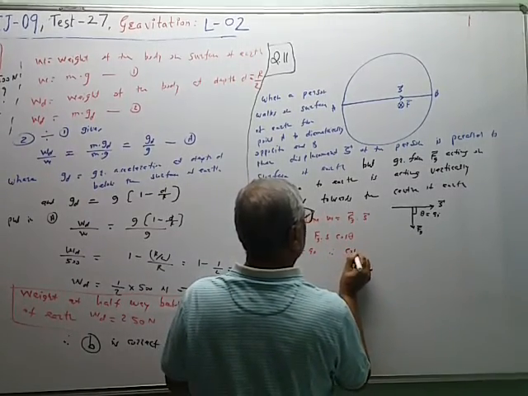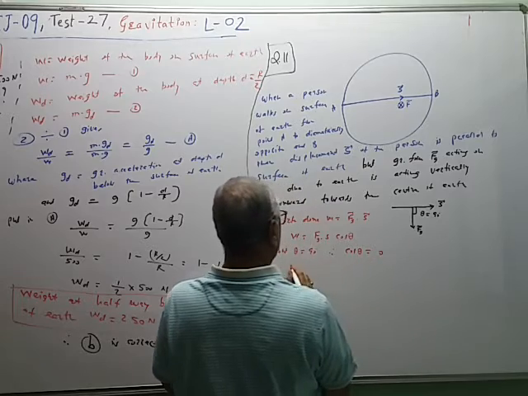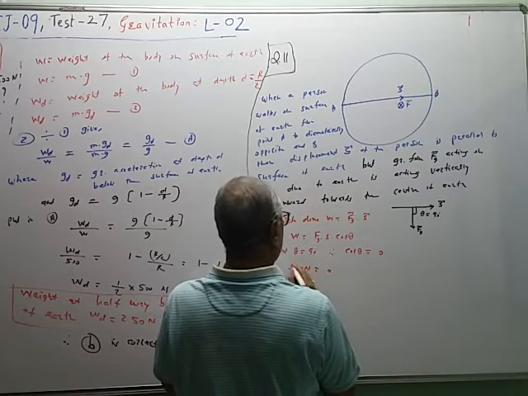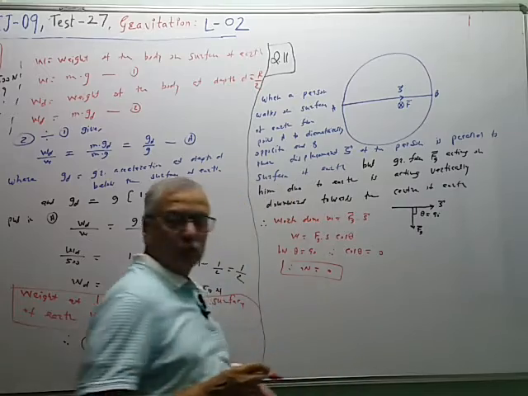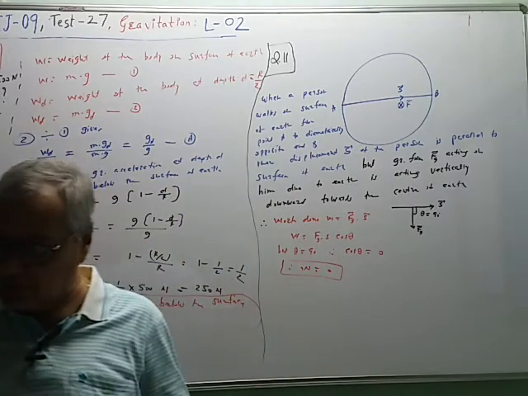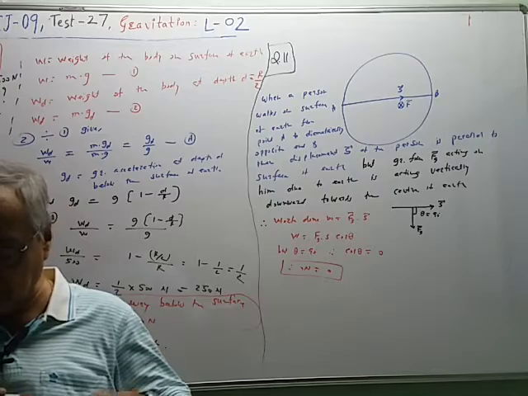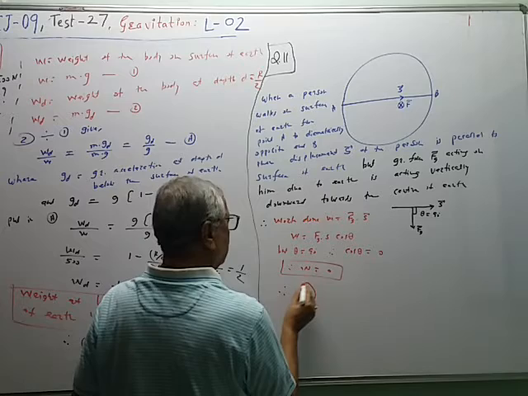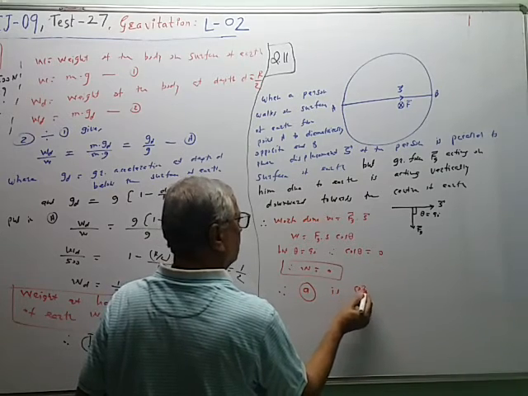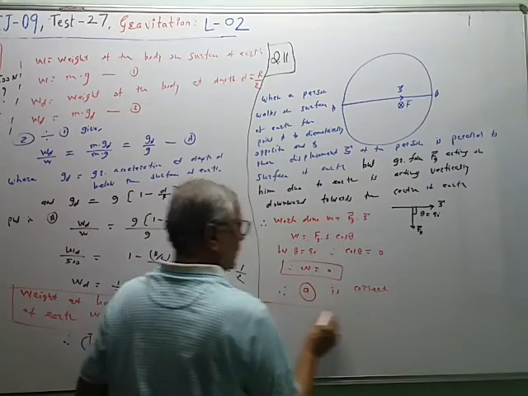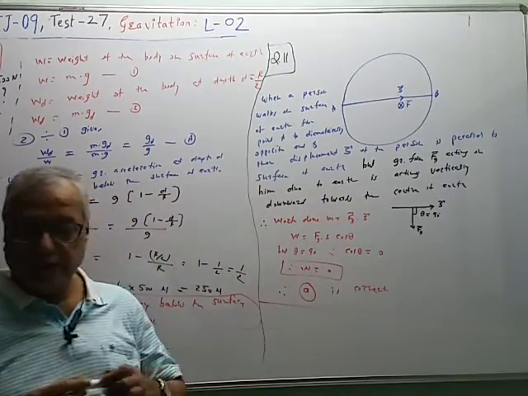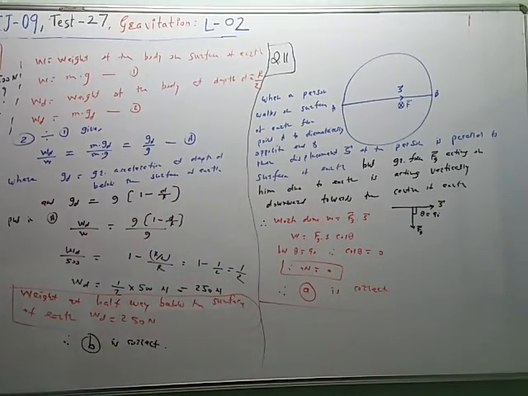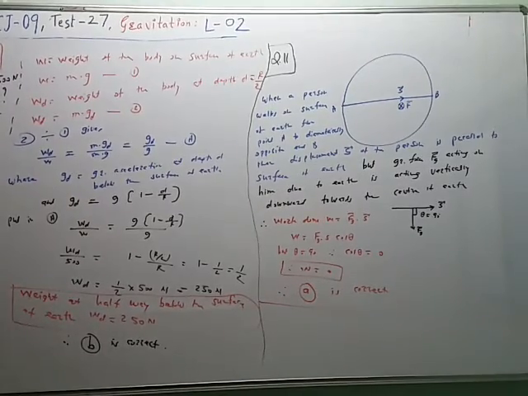Therefore, work done is equal to 0. So no work is done during the displacement from one point on the surface of the earth to this. So correct answer is A. A is correct. Positive or negative depends upon the direction. In this case, the work done is always 0.